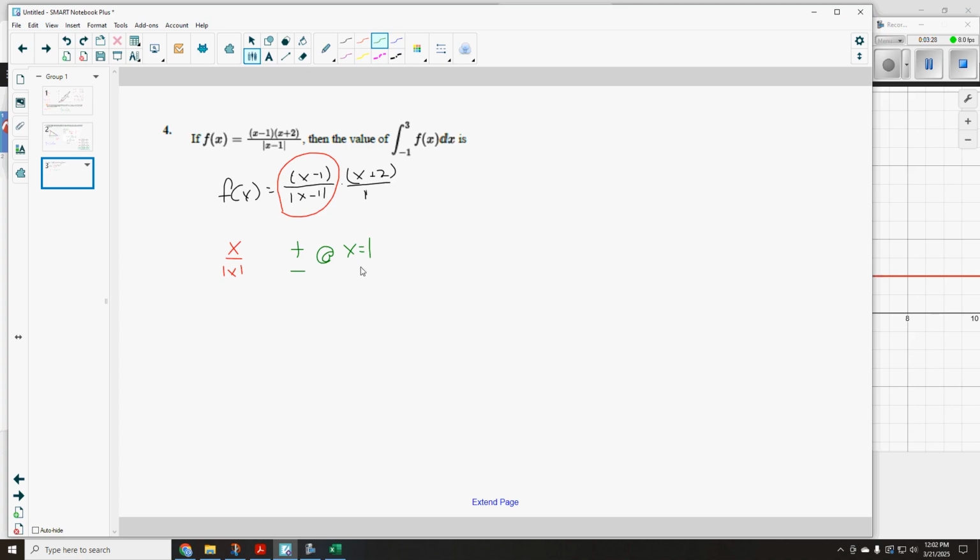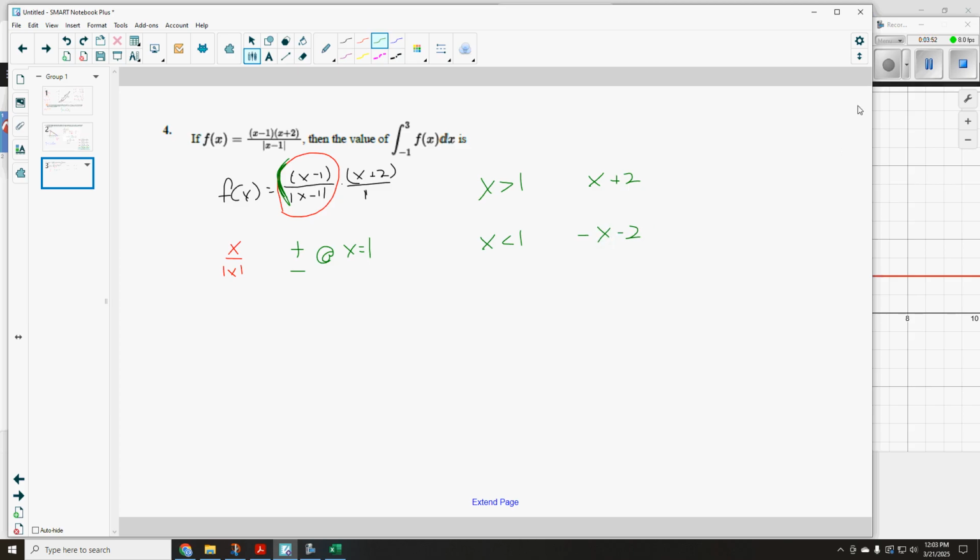When x is greater than 1, I'm going to have the graph of x plus 2. But when x is less than 1, that's caused by this absolute value thing going on right here, I'm going to have the graph of negative x minus 2.